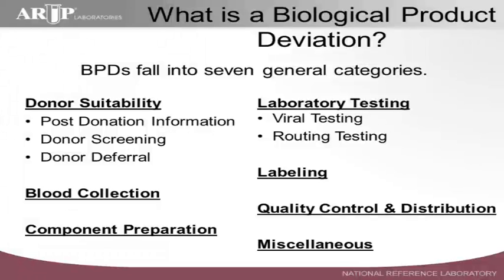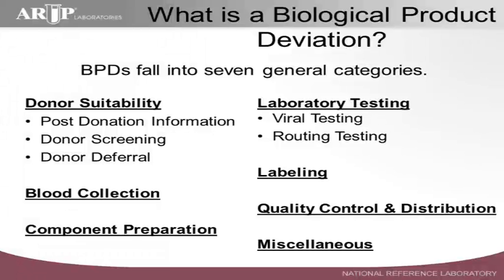Labeling is an issue. So labeling includes any tie tag, cross-match tag that's added to a unit at the transfusion service, not just the label that's on the face of the product that says it's this number, red cell, type O. So it's anything you add to that as well.